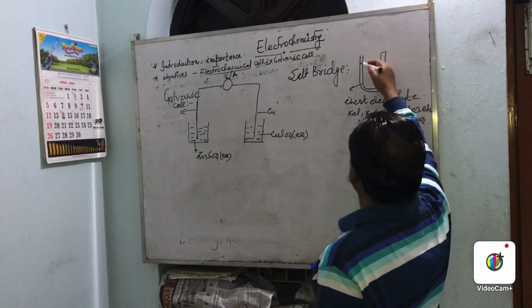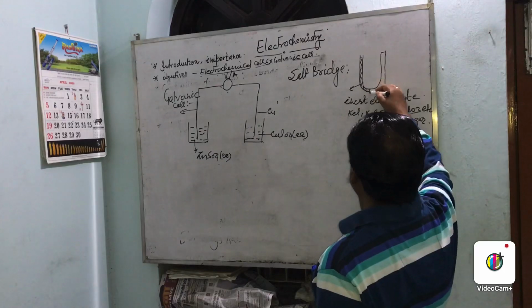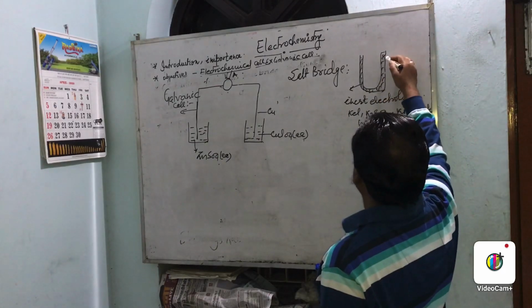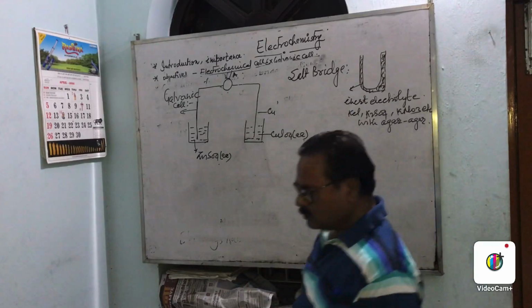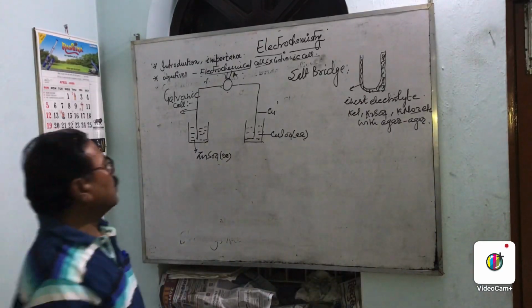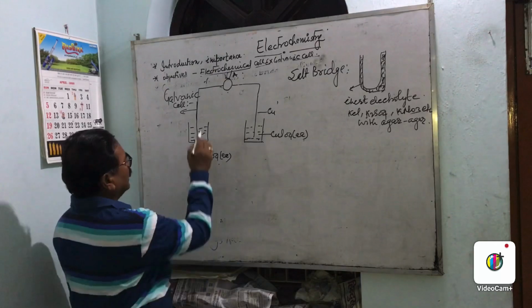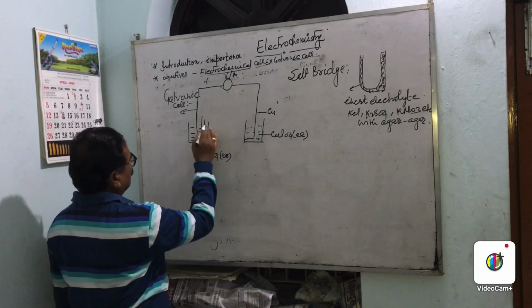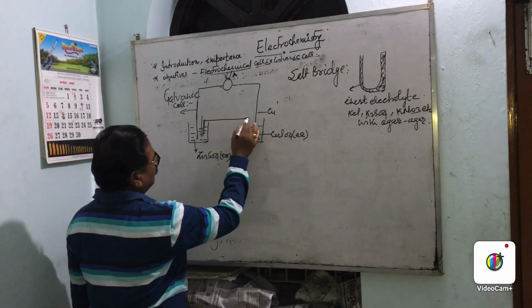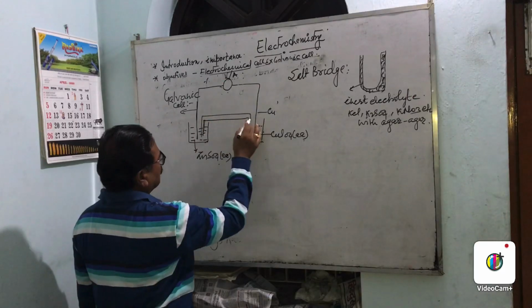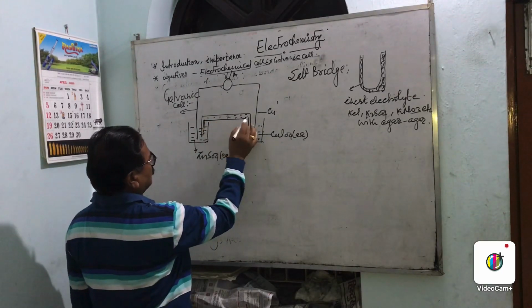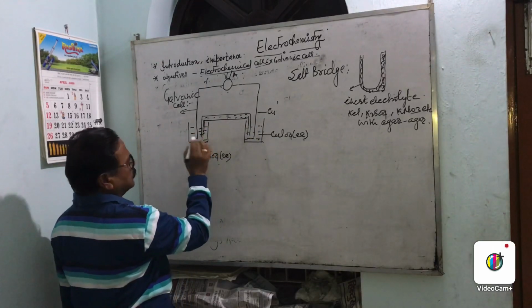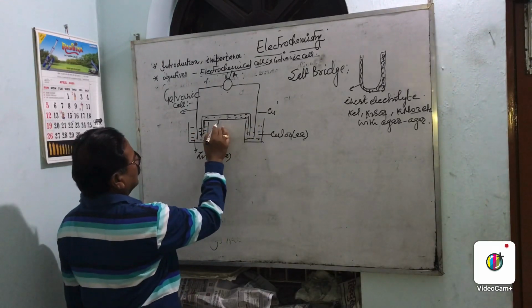We put this solution into the tube. After keeping it for some time, when it becomes a paste, we invert the tube, and this U-like tube acts as the salt bridge.